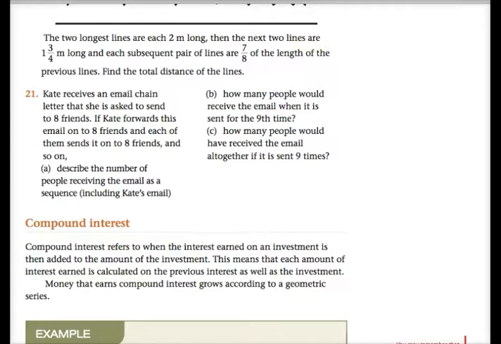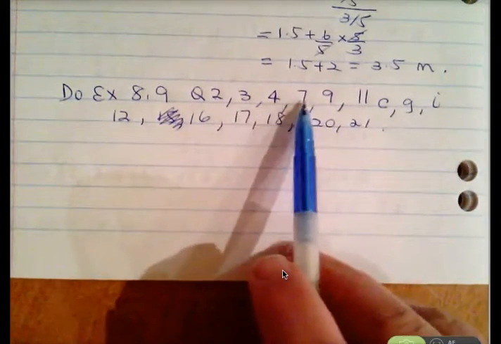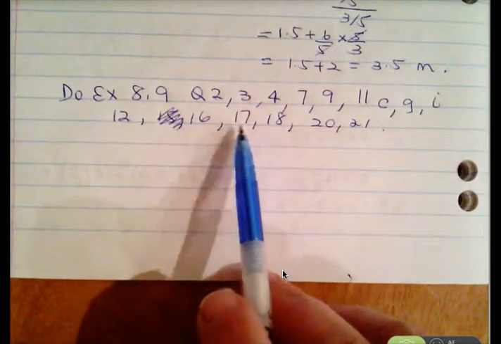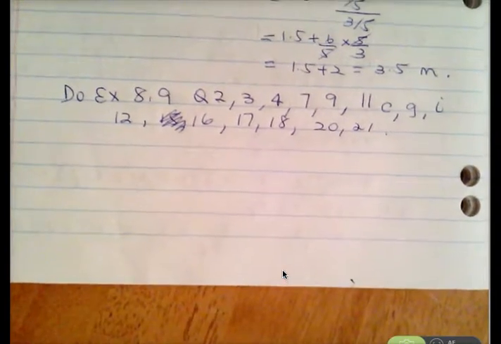So I've written those down, so I'll just put them up now. So with this last exercise, if you could please do exercise 8.9, question 2, 3, 4, 7, 9, 11 C, G, I, question 12, 16, 17, 18, 20, and 21.